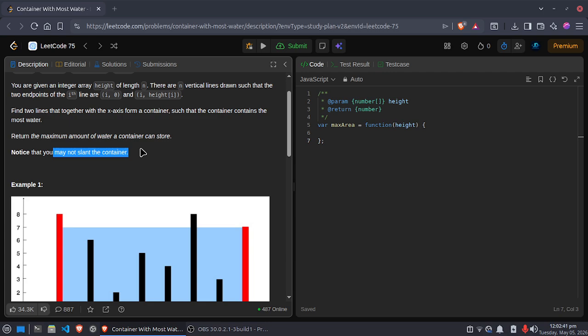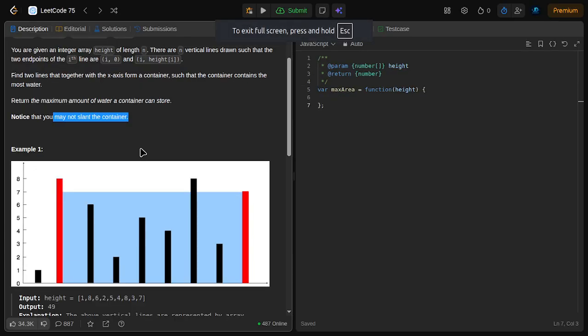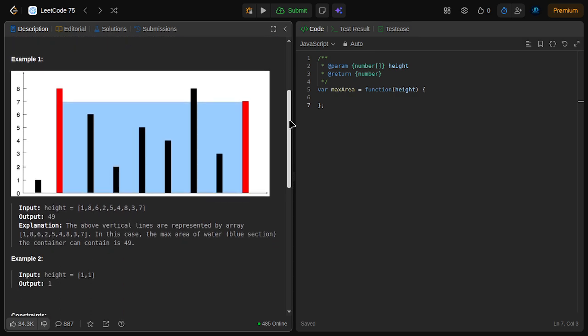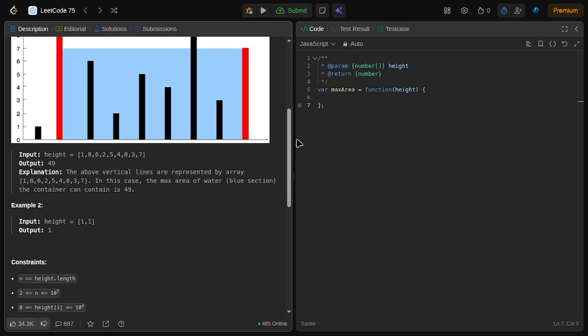If you see, this problem statement is a bit complicated, so let me simplify this first. We are given an array, the height array, with some numeric values like 1 8 6 2 5 4 8 3 7, some random values, and each element represents a vertical line.